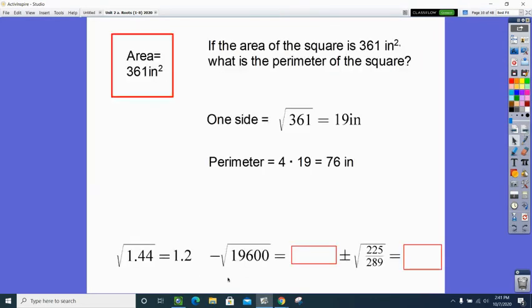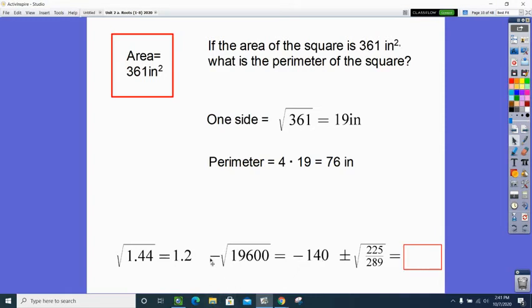Can I use that to figure out what this would be? So maybe it's not 14, but what about 140 times 140? Sure enough, that would be the square root of 19,600. So we can even use these perfect squares if we see them hiding in bigger numbers to possibly get those roots. And again, where'd the negative come from?